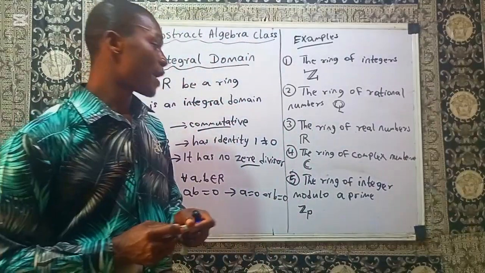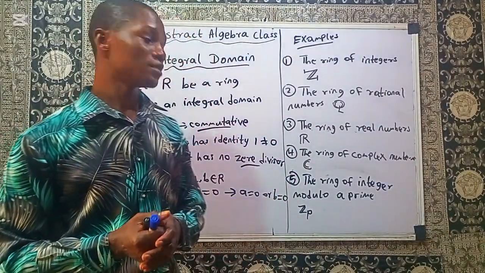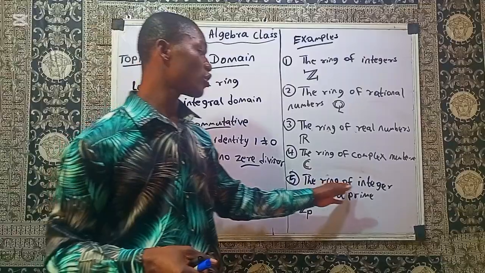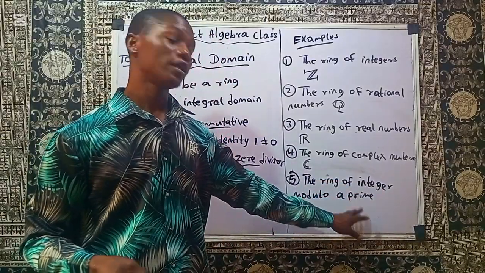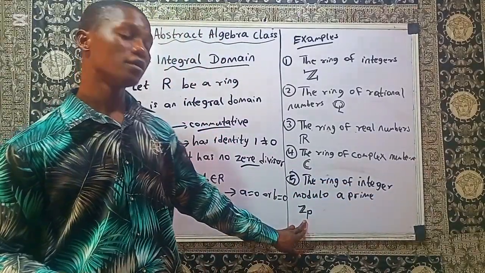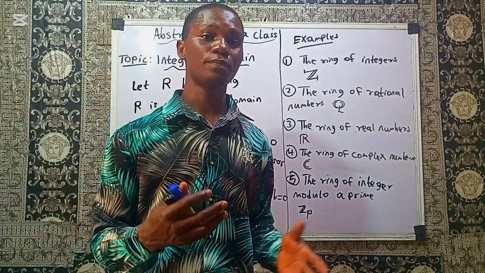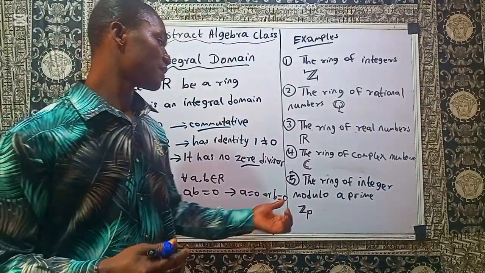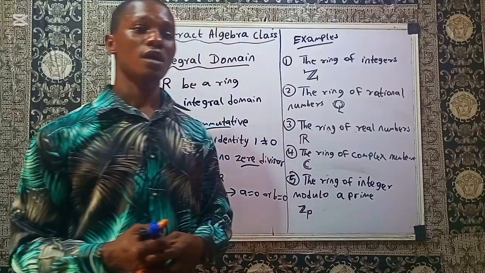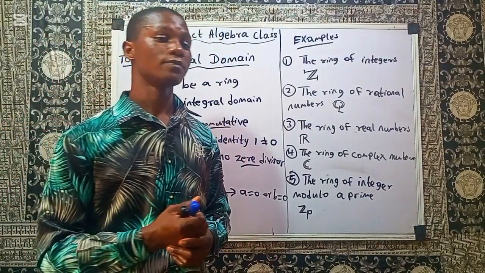Another example of an integral domain is the ring of integers modulo a prime. So that's Z mod P, where P is a prime number. So we are saying that this is an integral domain.